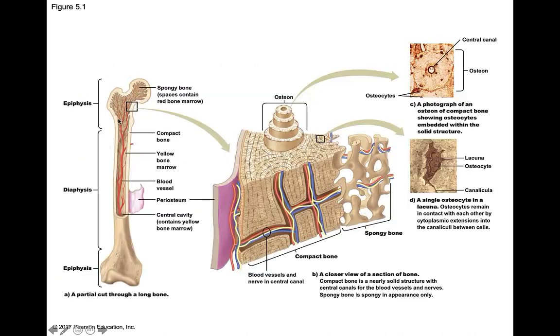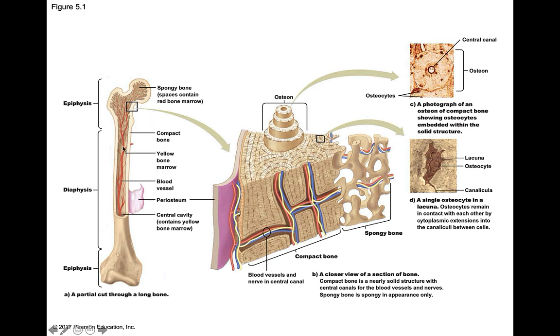Now here, some general terminology that you need to be familiar with overall. So epiphysis, that's the actual ends of the bone. Diaphysis, this is the shaft, and here we're talking about a long bone in particular. Femur. And if we look at the periosteum, you can see that they've peeled it away here.